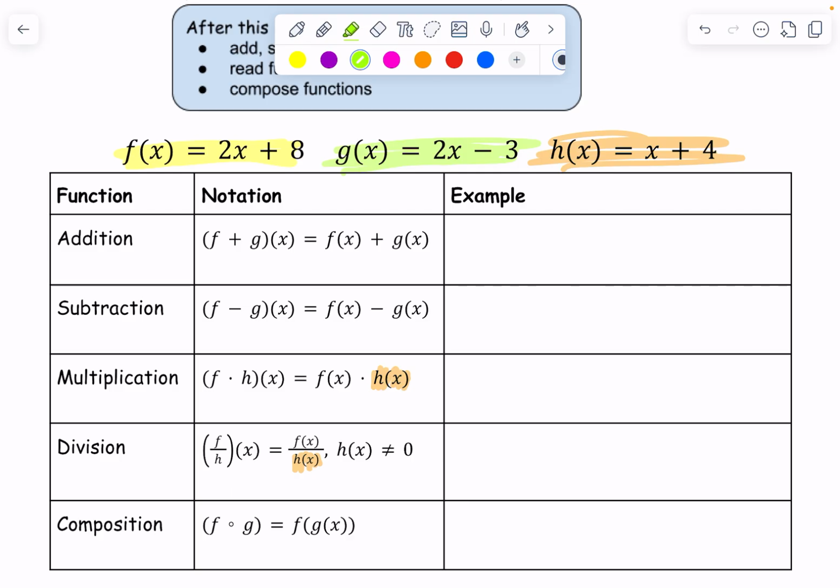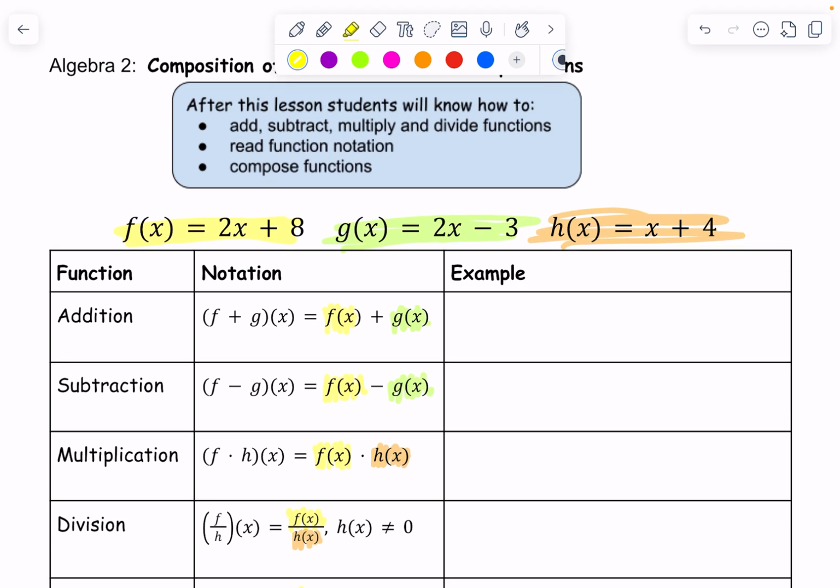You'll see my g of x popping up all over the place, and you'll see my f of x popping up all over the place. I really just want to show you that we're not doing every function. We're just doing the ones that they actually talk about, right? So we have to go shopping when the function notation is telling you which function to go grab. Okay, let's talk the first example.